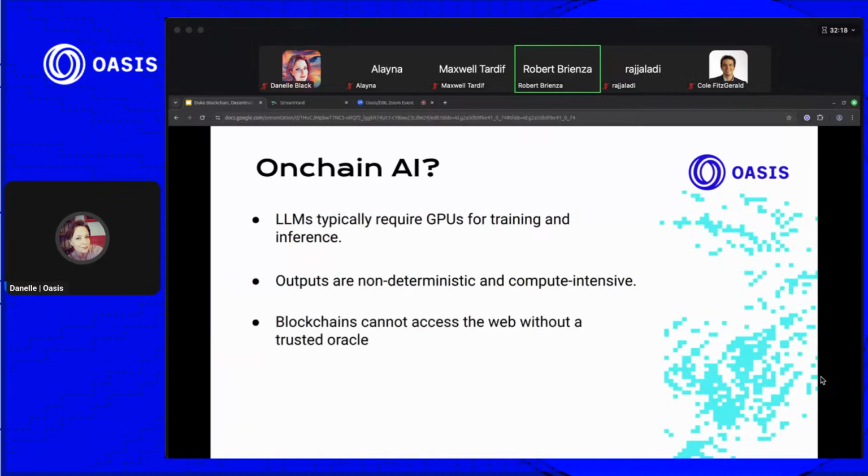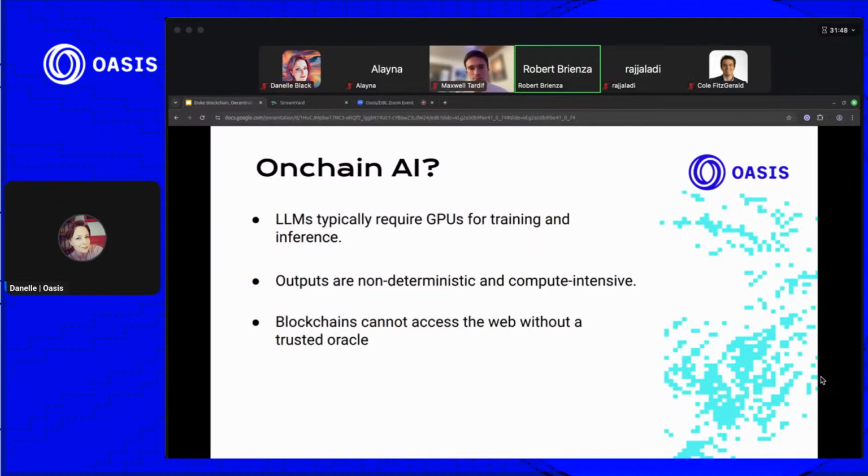The third issue that we run into is that blockchains can't access the web. And this is by design, because the web is also not deterministic. Things change over time. So if I say, hey, the result at this API is such and such, well, that might change, second to second even. So if two nodes disagree about a result, that might just stem from the fact that one node queried an API a millisecond after the other node and something had changed.